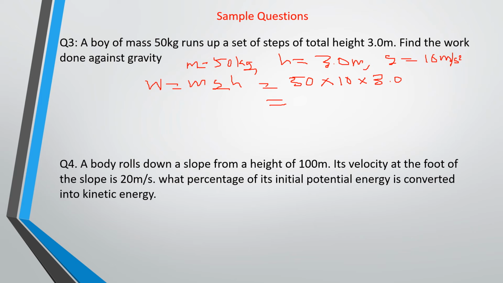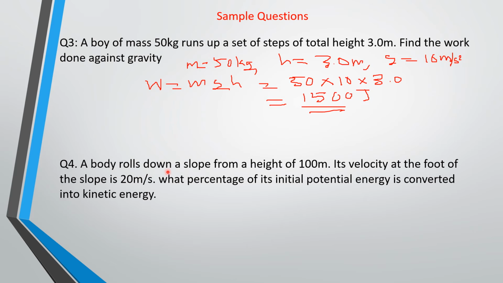By the time you work this out, you are going to have 1500 joules as the work done by this boy that runs through this set of steps of total 3 meters. I believe that you understand what I'm doing, and it is pretty easy to apply these equations of work done.